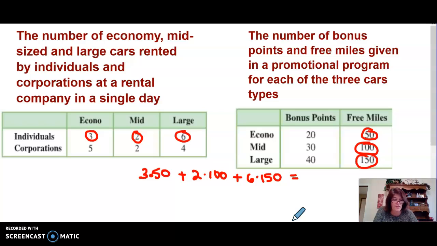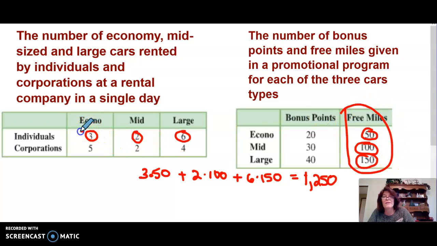Okay, so then that would just be quick little arithmetic there. Okay, to figure that out, 3 times 50 plus 2 times 100 plus 6 times 150. We could say, well, there were 1,250 free miles given to individuals.